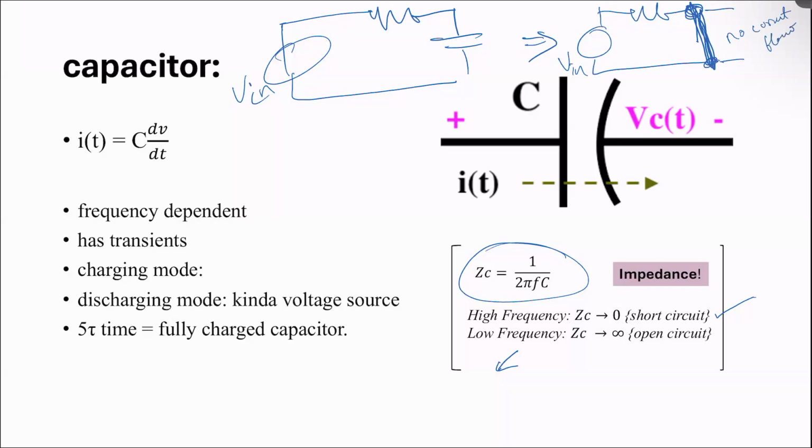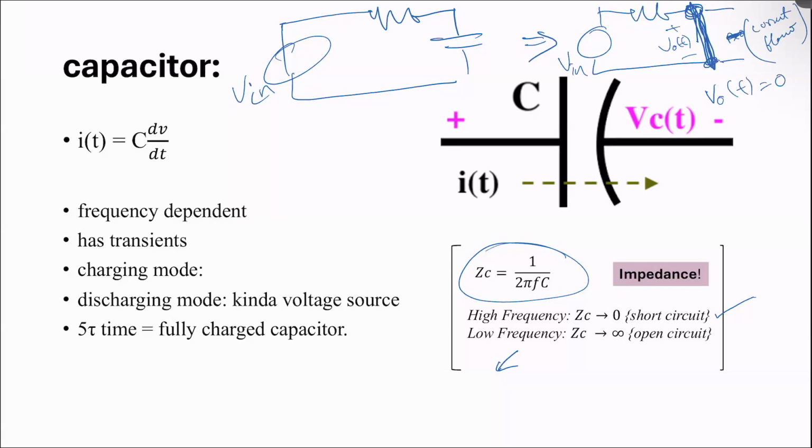Oh, no, there is current flow. There's only current flow. There is no voltage difference. Your voltage, let's call it V naught of t, that's going to be 0.